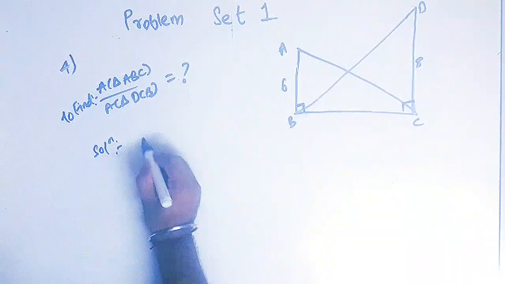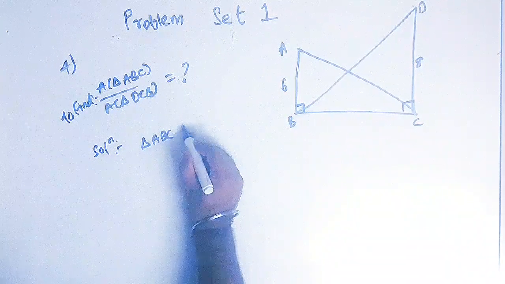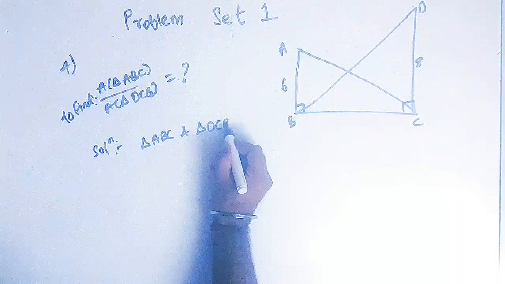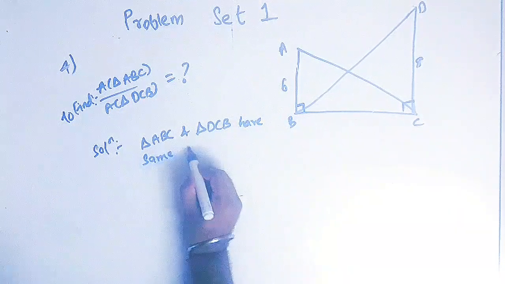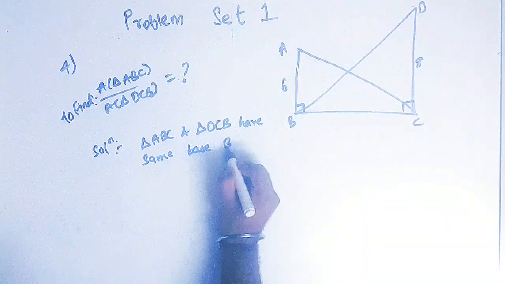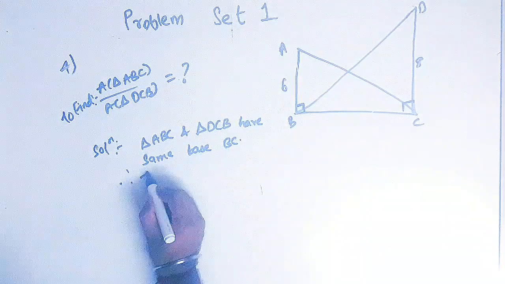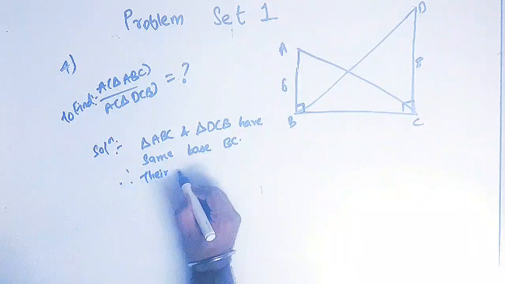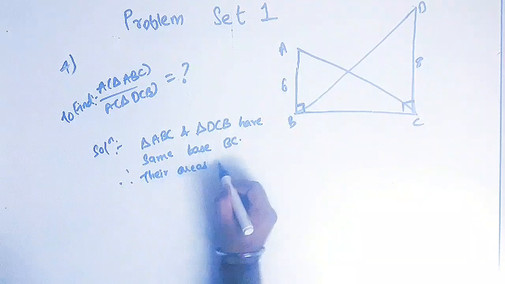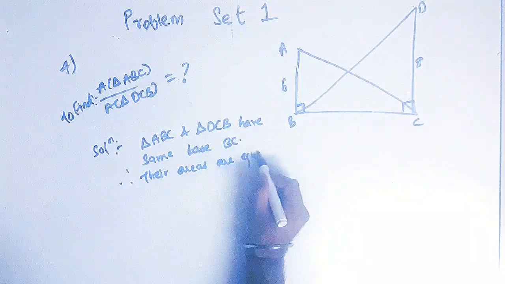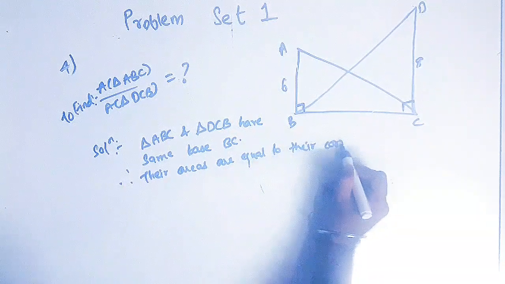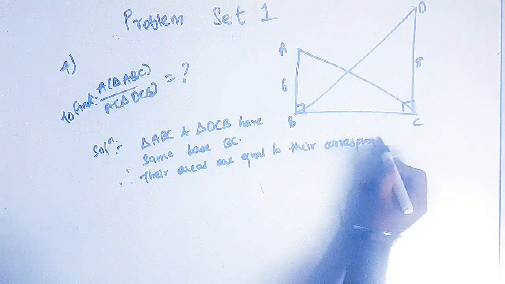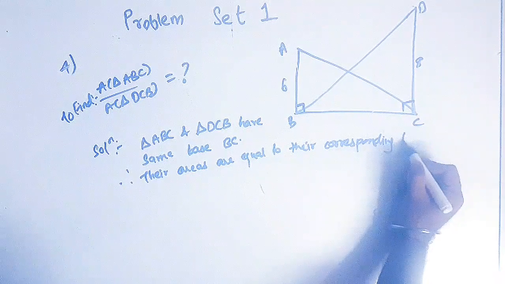Triangle ABC and triangle DCB have same base BC. Therefore, their areas are equal to their corresponding heights.